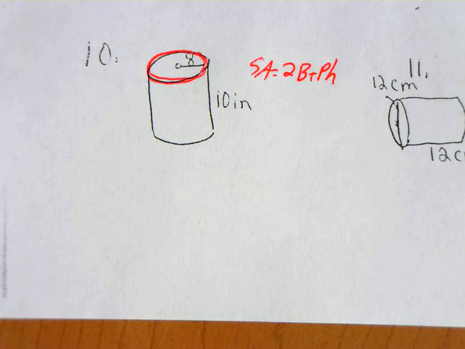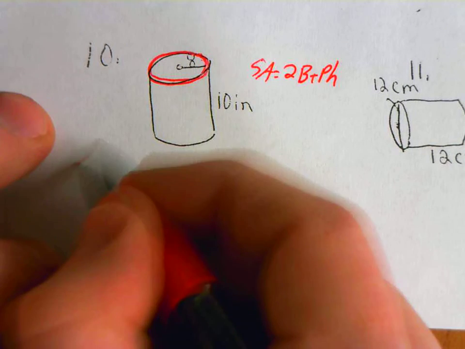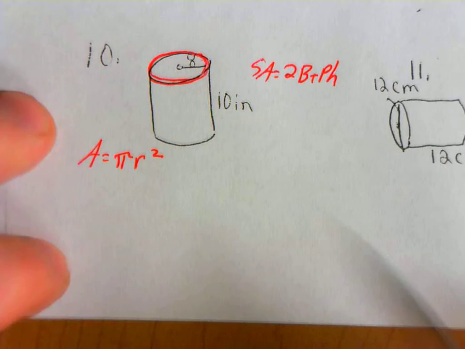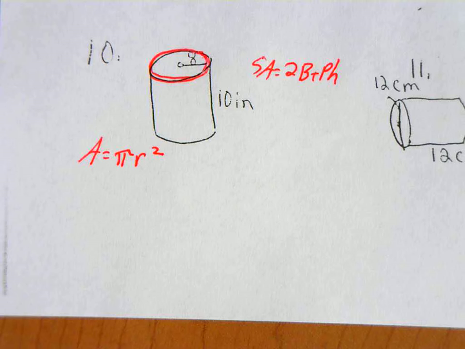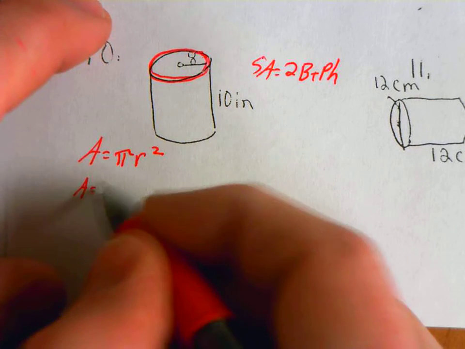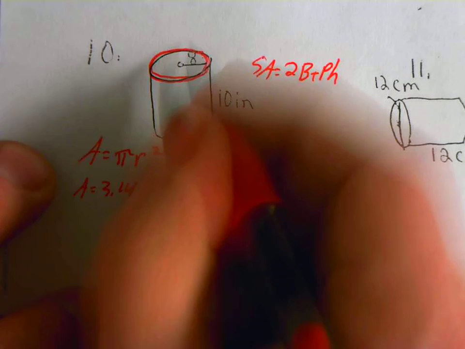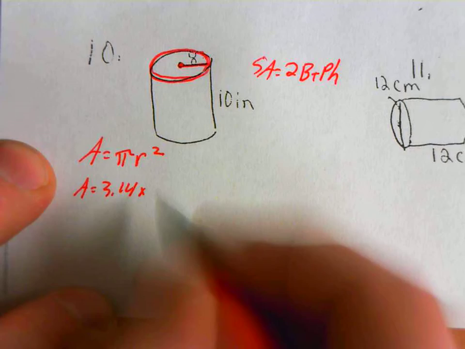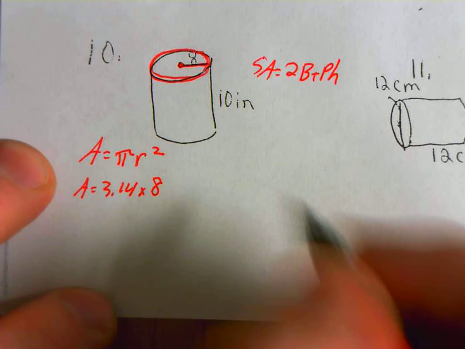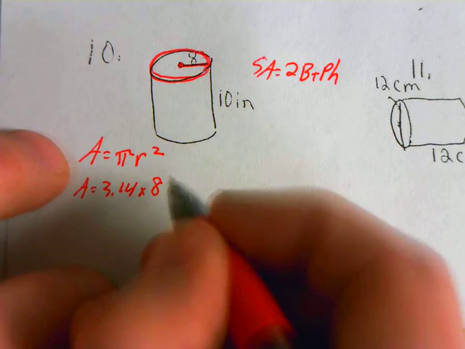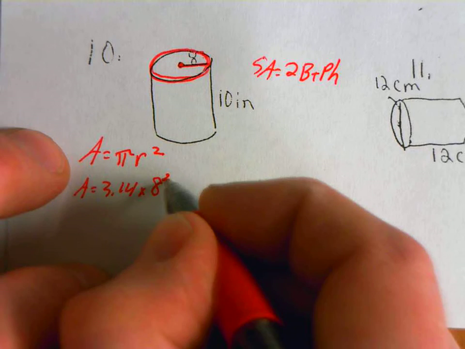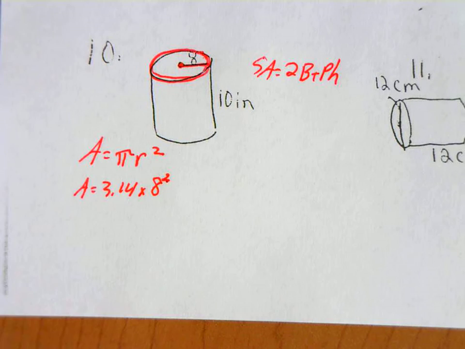I need that at some point in time, but if you'd say, Mr. Walls, I want to find the area first, please remember pi r squared. That's how we find the area of a circle. We've been using 3.14 for pi, and then what does r stand for again? Radius. Did they give you a radius? Yep. So then that's 8 squared, or 8 times 8.